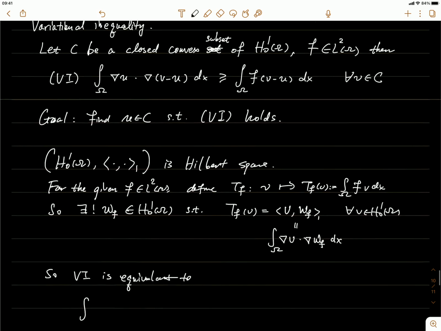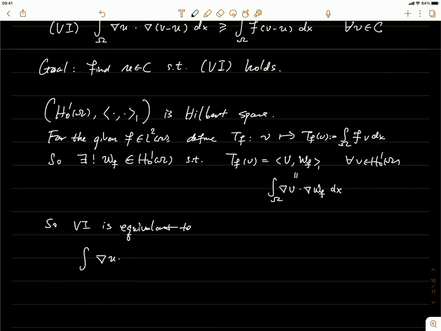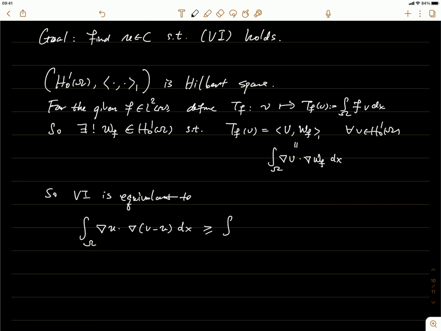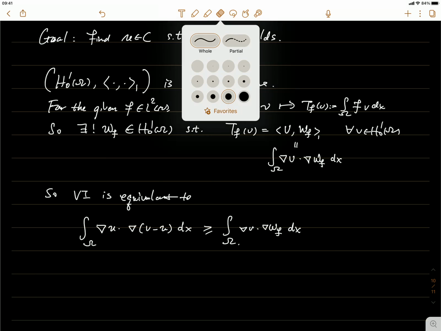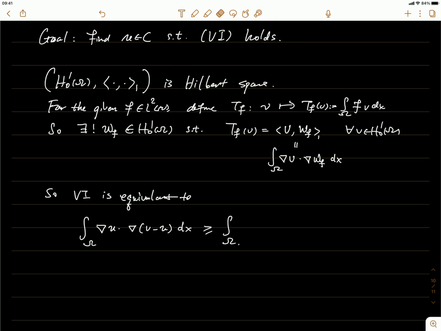Okay, it's actually, sorry, this is the integral of f times v minus u, as we said, and this is equal to Tf of v minus u.